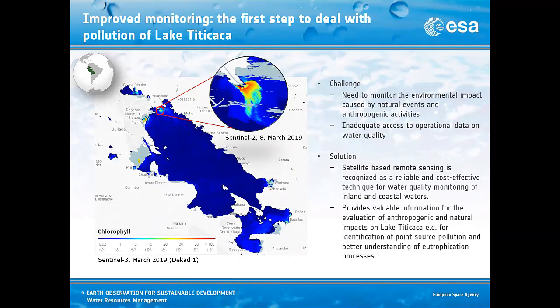Here you see a map of the chlorophyll concentrations. In principle, daily data can be provided, but because of the sensitivity to clouds, it's more realistic that weekly or 10-day information is provided on aspects of water quality.